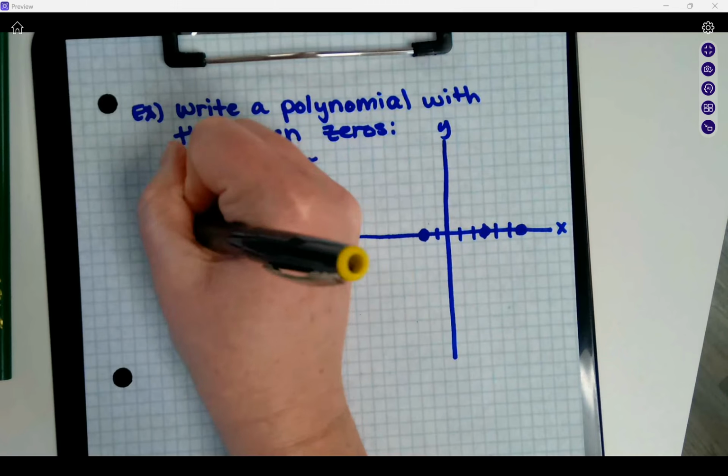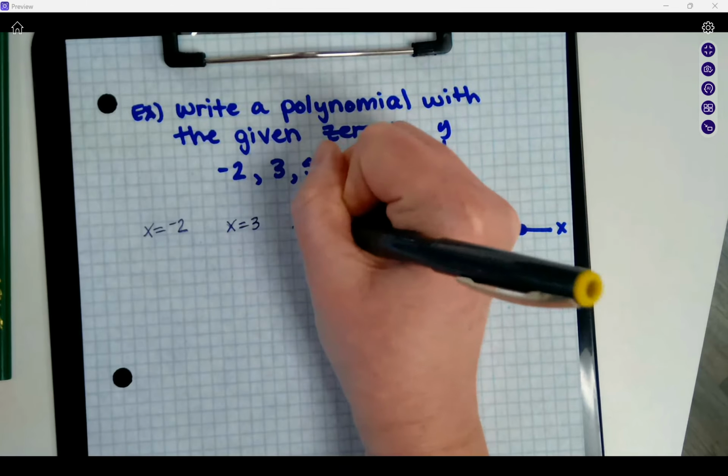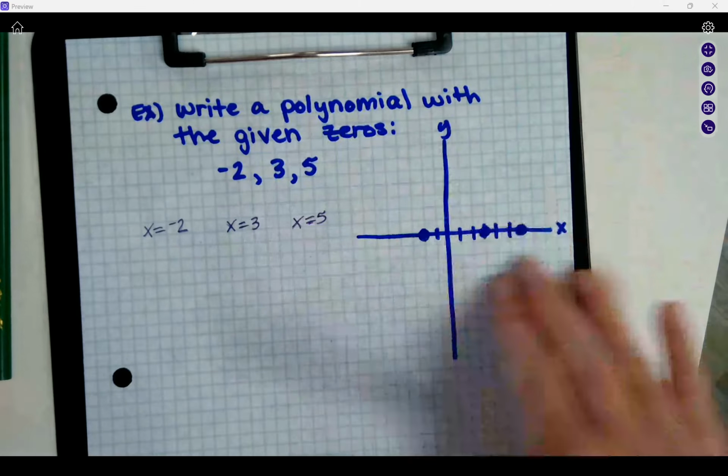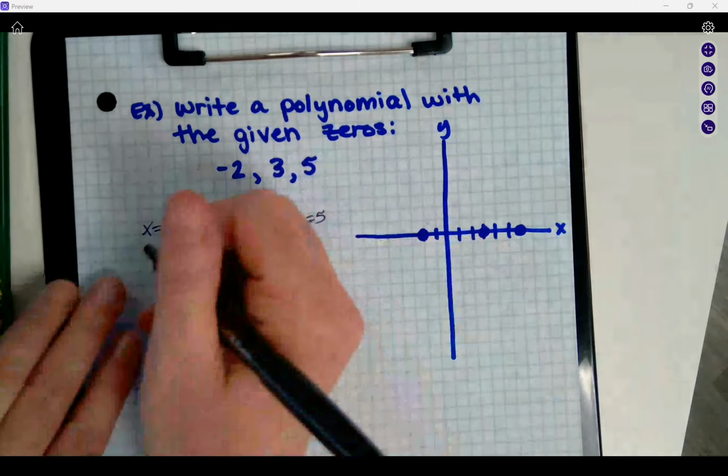So we know x equals -2, x equals 3, and x equals 5. Now, these are zeros, so originally we had factors.